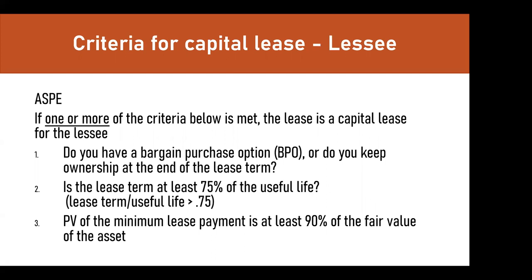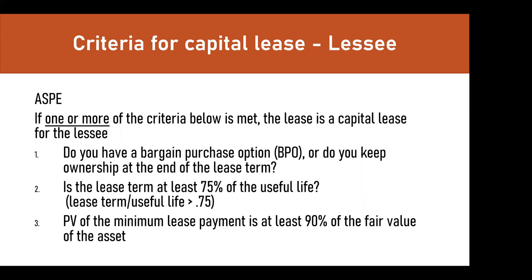A BPO is a provision that allows the lessee to purchase the leased asset at a specific point in time at a value that is less than the expected fair market value of that asset at that time. At the beginning of the lease term, you have to be reasonably sure that the difference between the fair market value and the BPO is big enough that for sure the lessee is going to use their bargain purchase option.